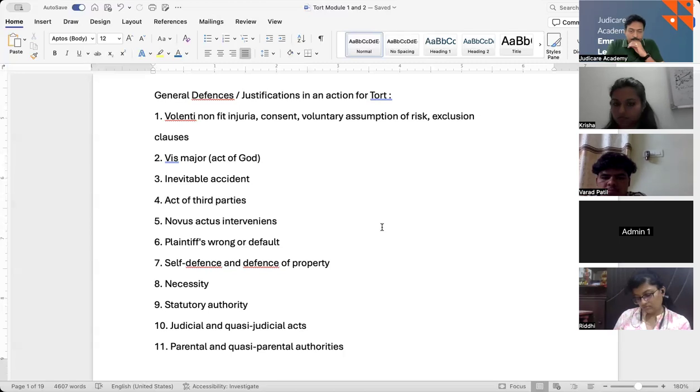So the court assessed whether the parents exercised reasonable care in overseeing their child's behavior, considering their responsibility as guardians. Now, the question was whether the parents had fulfilled their duty of care regarding the actions of the child.